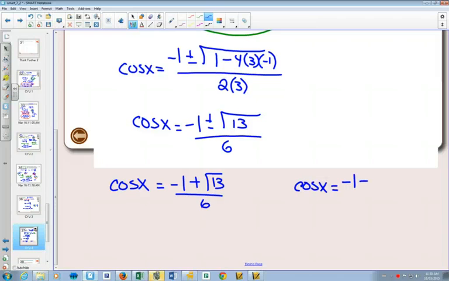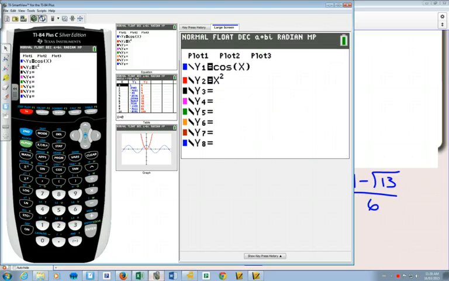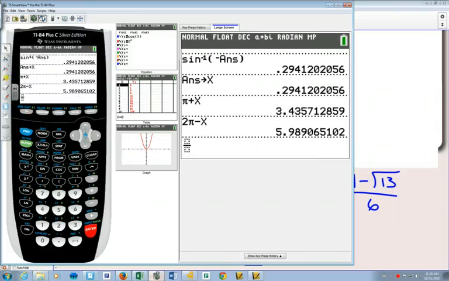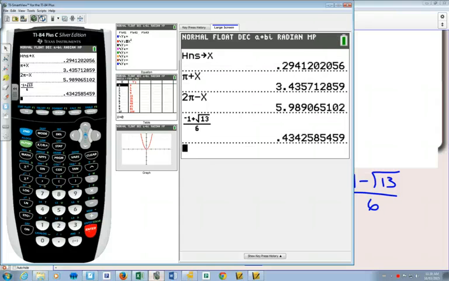Here's where we use the negative answer. Negative 1 plus the square root of 13 divided by 6. That comes out to 0.434.